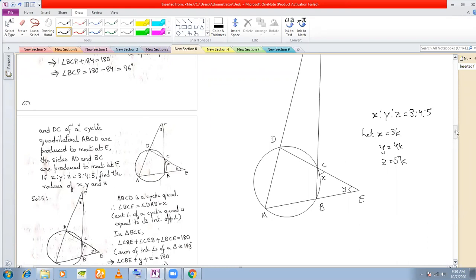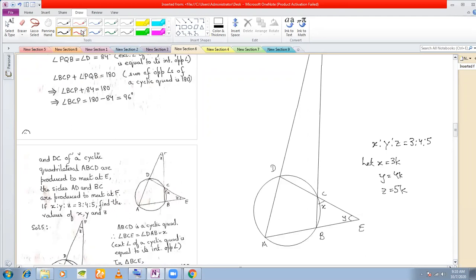Now, if you see in this figure, consider this triangle BCE. X and Y are two interior opposite angles to which exterior angle?